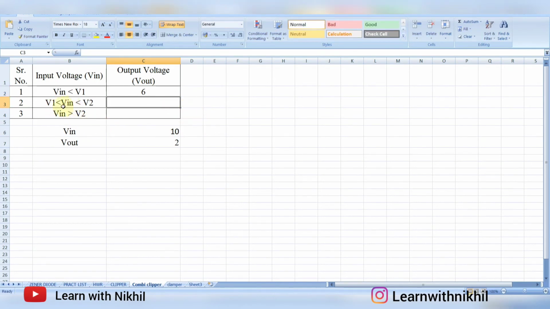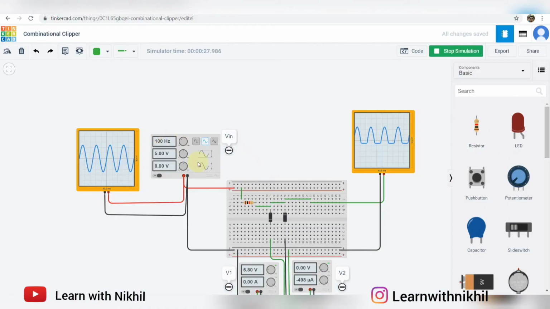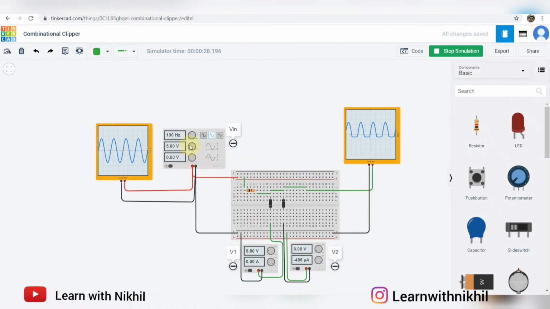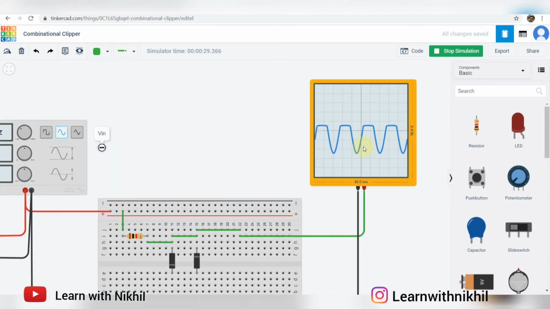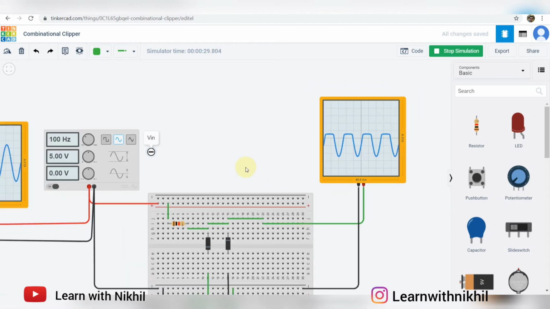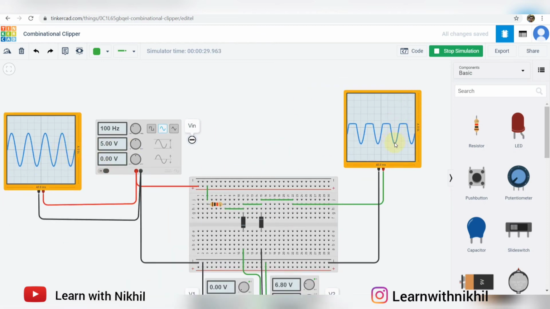Now when Vin is greater than V1, I'll lower this. And V2 is greater than Vin, so I'll make it above 5. So this is how we get the voltage. This is the same, but this will be around minus 6 volts, or you can write minus 5 volts as well. This is 10 volts, this is half of it.